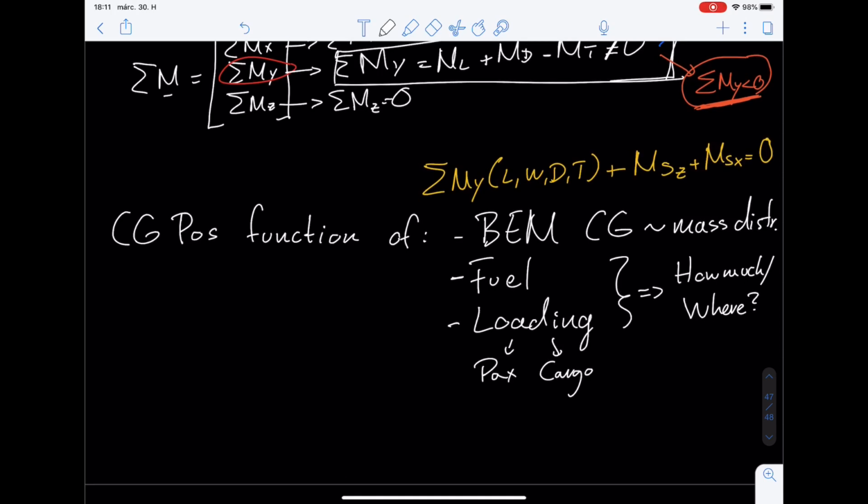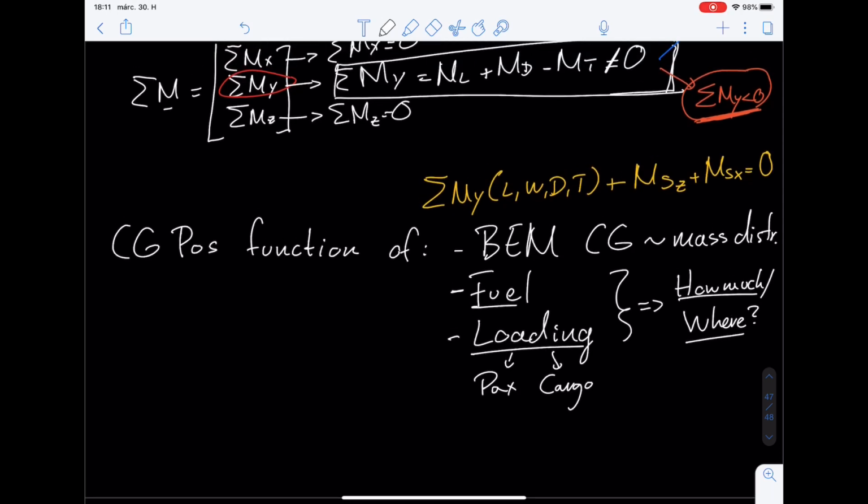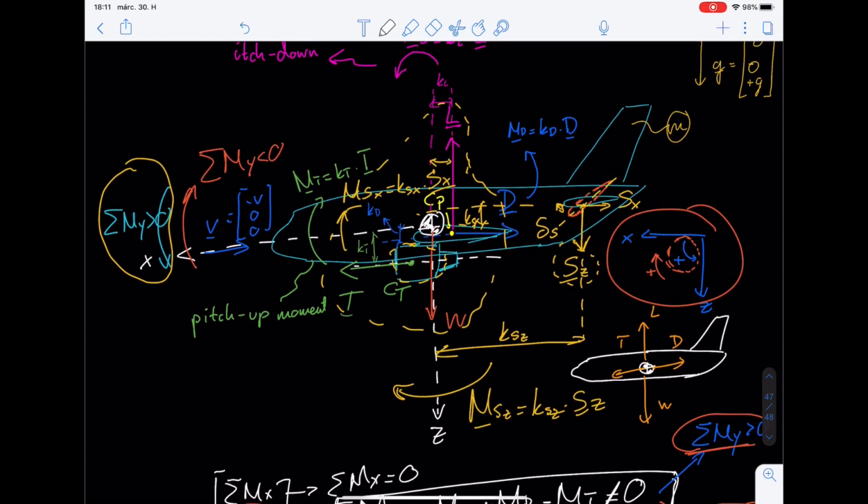So what is the magnitude of fuel and loading that you put into the aircraft, and where you put it. Basically, you cram up all of the luggage to the back of the aircraft, and you put all the people to the back of the aircraft. Of course, that's going to mean that the center of gravity of the aircraft is going to shift rearward.